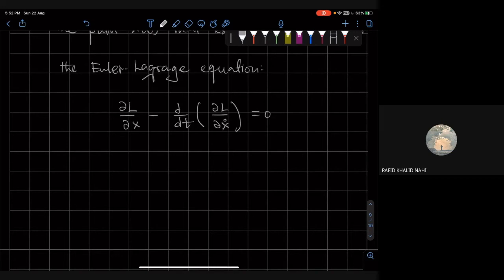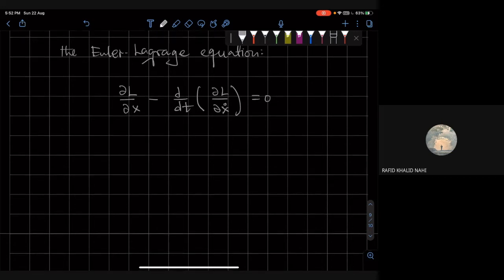Okay, so we are going to prove this. We're going to prove this starting from the principle of least action.